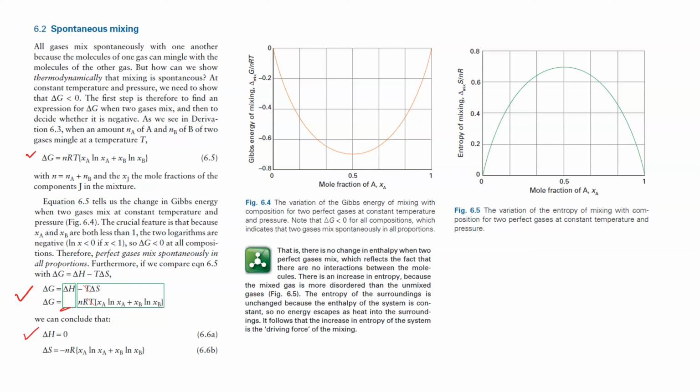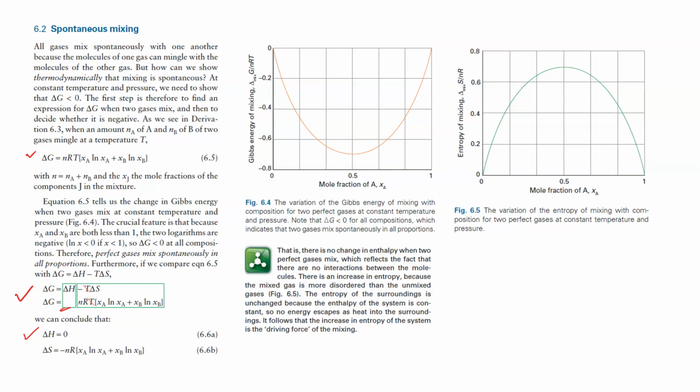Let's take a look now at figure 6.4. We see Gibbs energy of mixing on the y-axis and mole fraction of A on the x-axis. The variation of the Gibbs energy of mixing with composition for two perfect gases at constant temperature and pressure is shown.